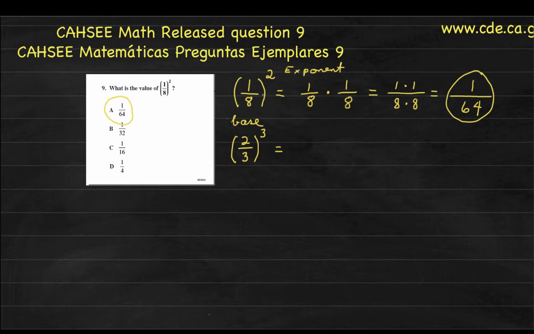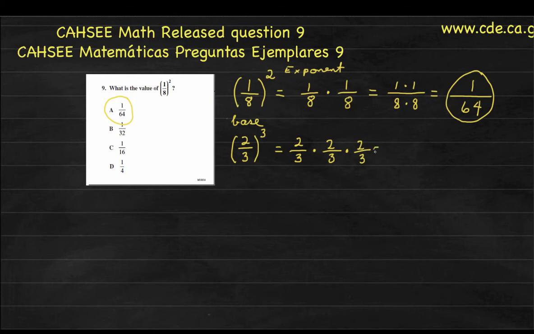Now, remember, this is not the same thing as multiplying 3 times 2/3. No, this is 2/3 times 2/3, and then again, times 2/3. So the number of times that the 2/3 appears as a factor is 3, as indicated by the exponent.